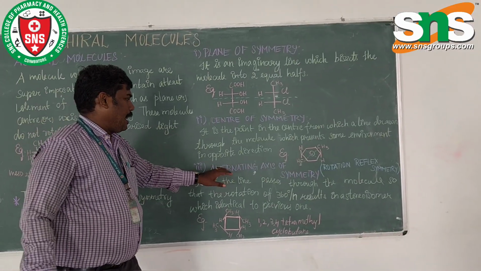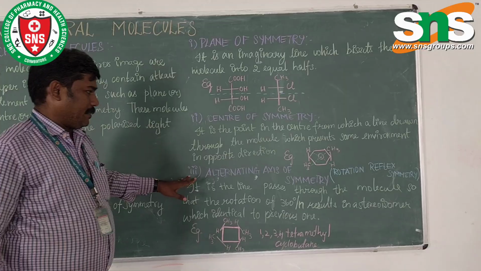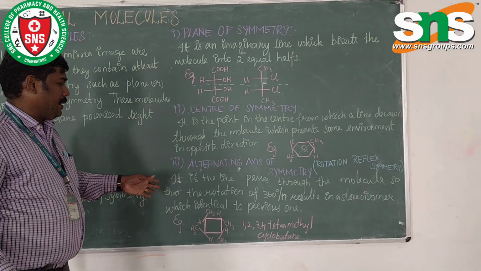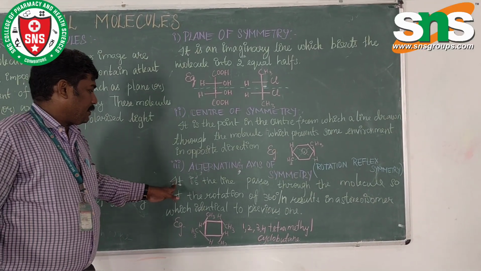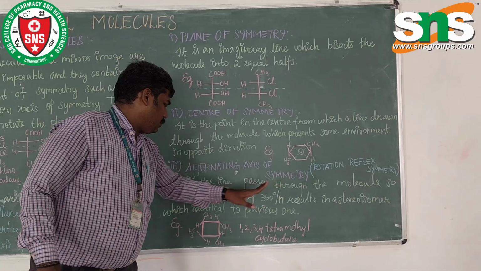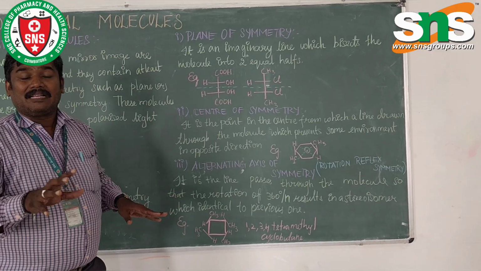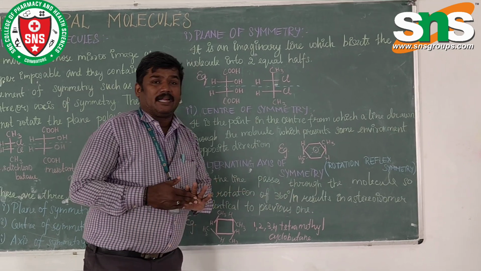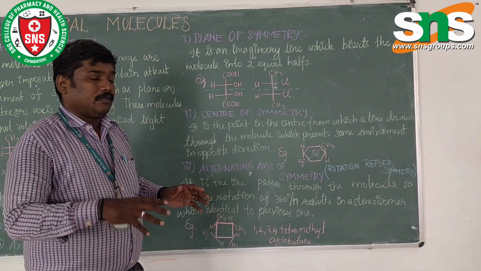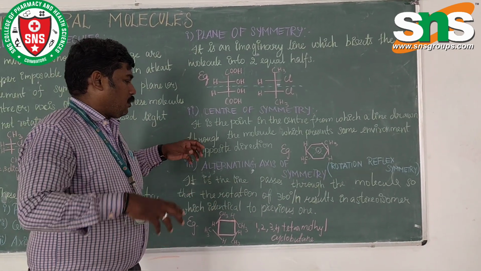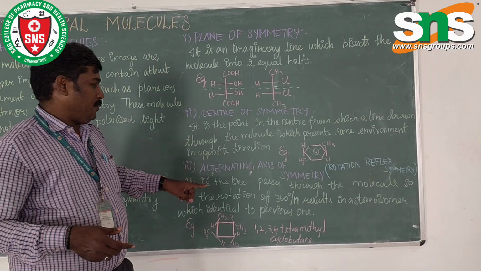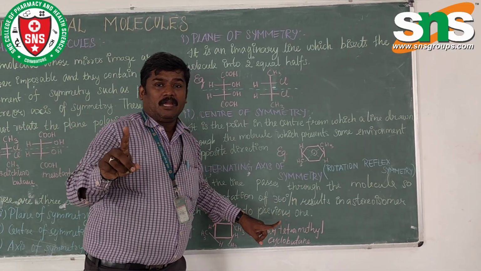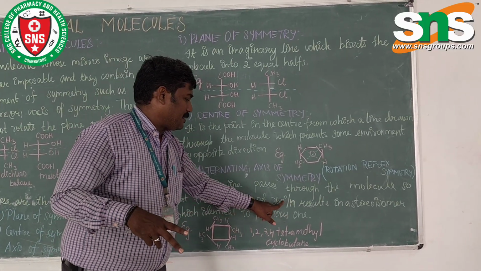The third one is alternating axis of symmetry. So what is this alternating axis of symmetry? It is a line that passes through the molecule so that it causes a rotation of 360 degrees divided by n. If you rotate the molecule one time, then n will be 1. If it is 2 times, n will be 2.